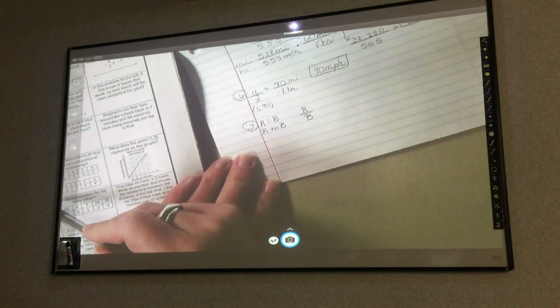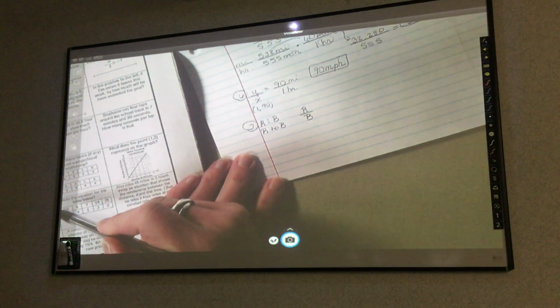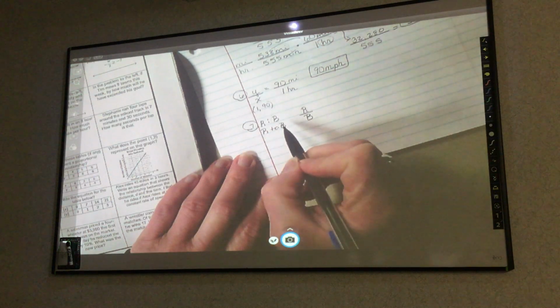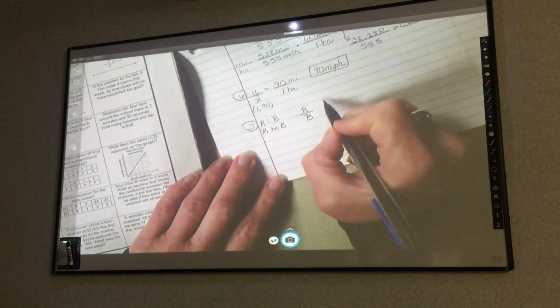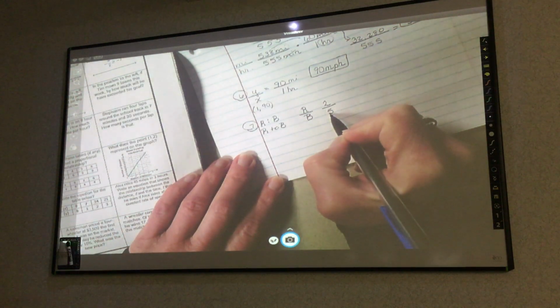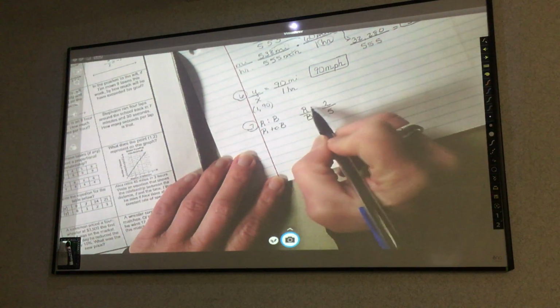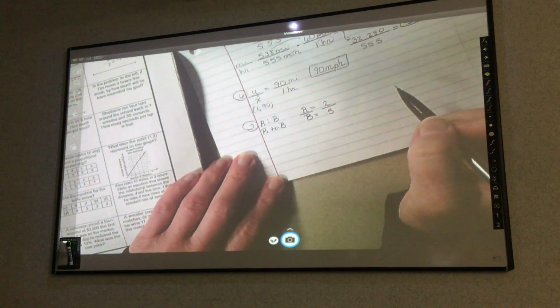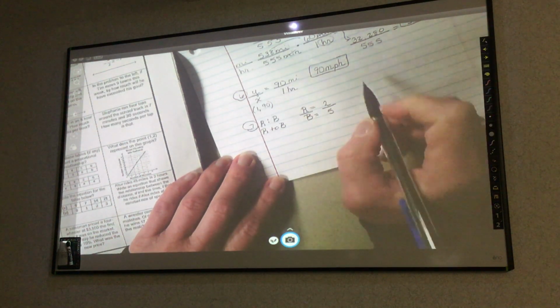The proportion of red marbles to blue marbles in a jar is 2 to 5. It says red to blue, so 2 to 5, the 2 has to be with the red, the blue has to be the 5. So I know that the red is 2, the blue is 5. If there are 35 blue marbles in the jar, how many red marbles are there?